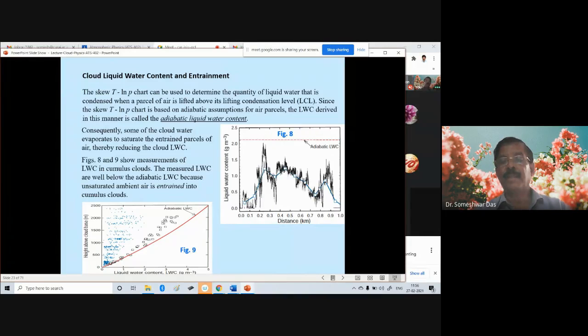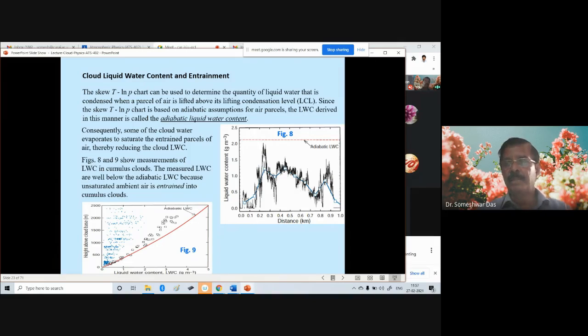Okay, and this happens because entrainment, as you know, is a turbulent process. The lateral boundaries of the clouds, the lateral walls of the clouds, are continuously eroded because of the turbulent mixing between the surrounding air and the cloud air.